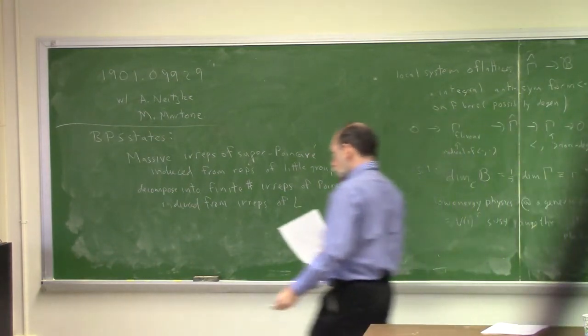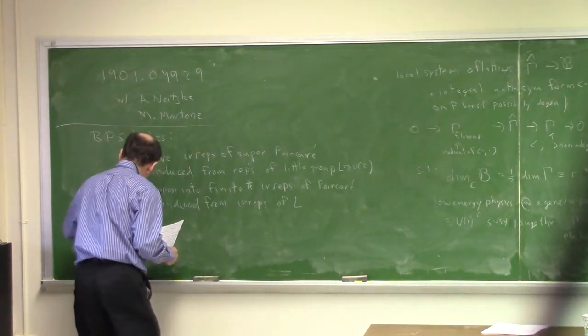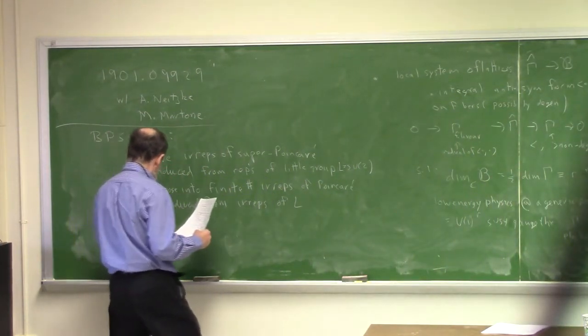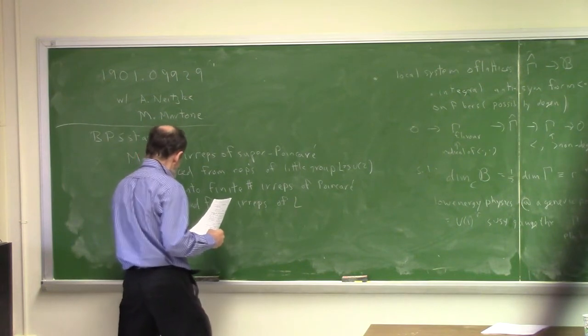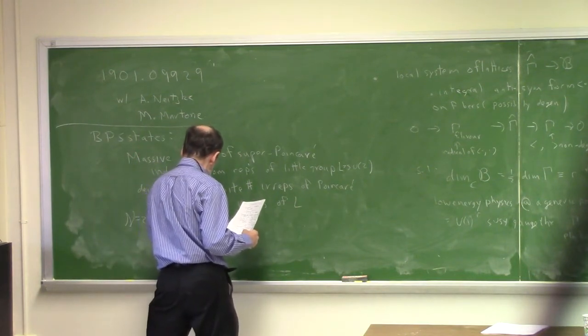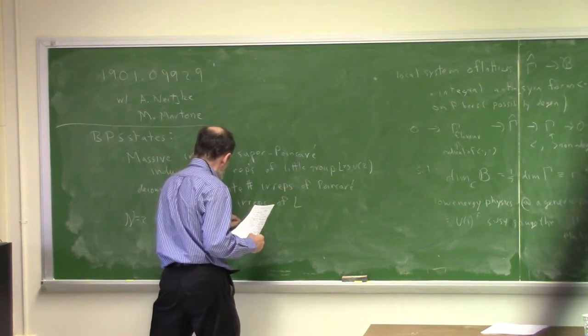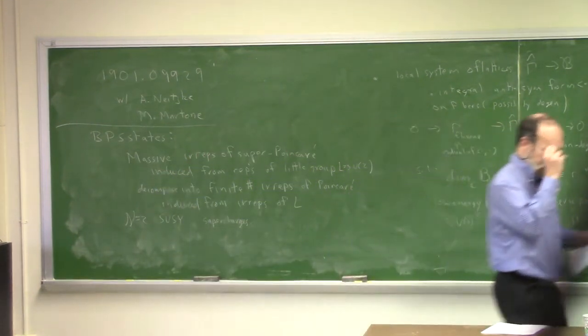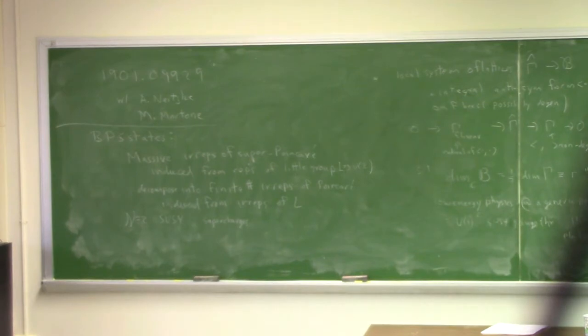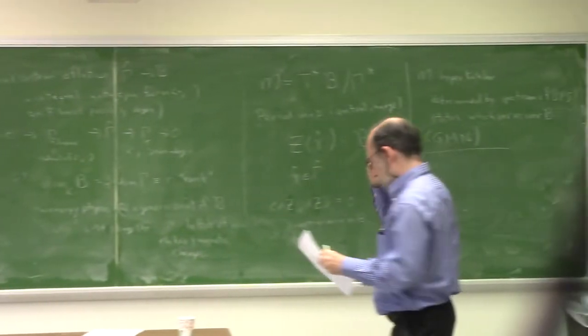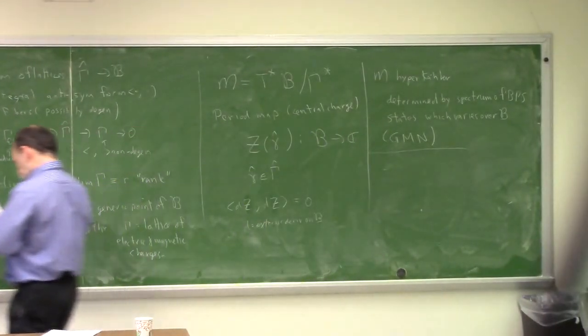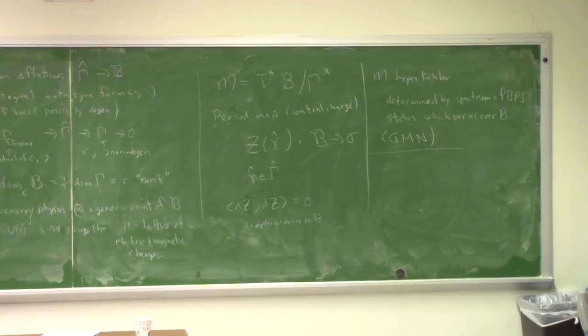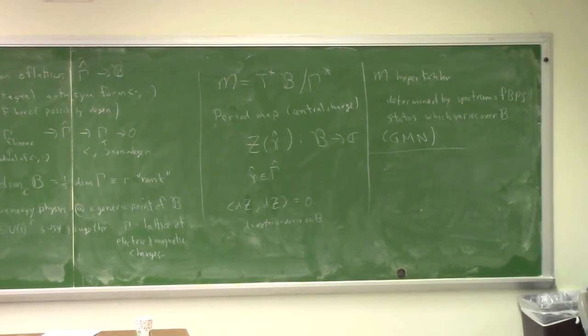In N=2 supersymmetry, a super Poincare is a Lie superalgebra. The supercharges are the odd generators, and the Poincare cross the R-symmetry algebra. So let me write this.